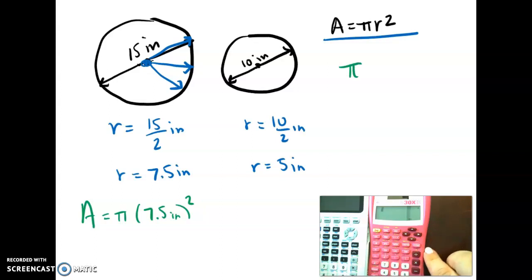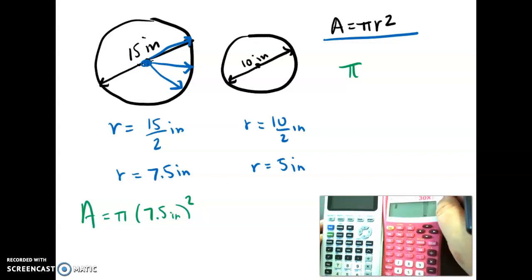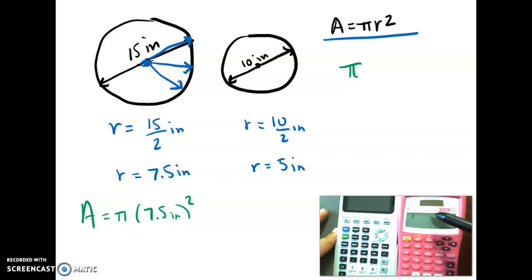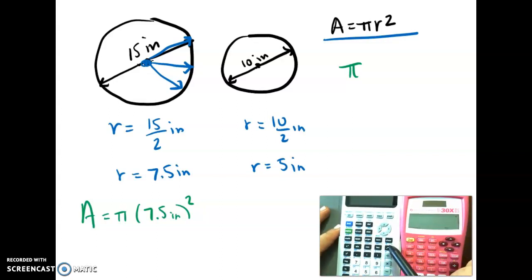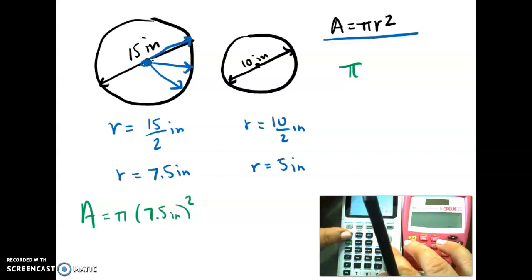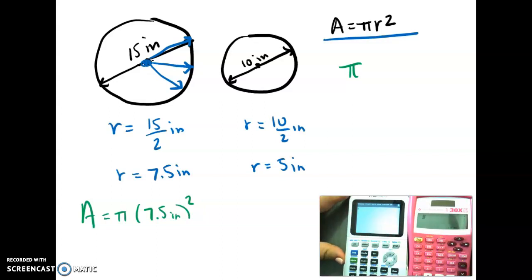So I brought out both of my calculators here because there's a pi button here. This is a TI-30, and the TI-34 is very similar. Or if you have this calculator, you'll see a pi button right here, but you have to hit second and then the caret symbol to get it. So when I hit second caret symbol, I end up with pi.